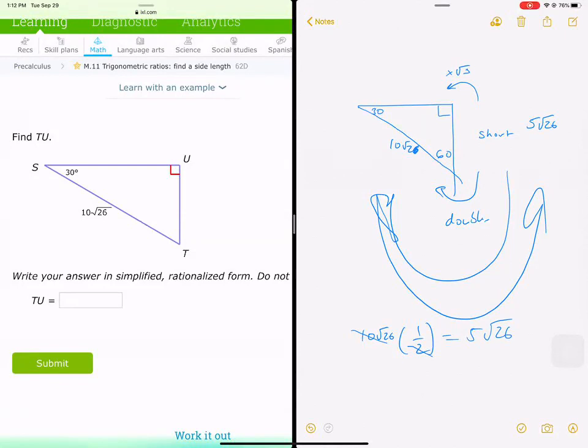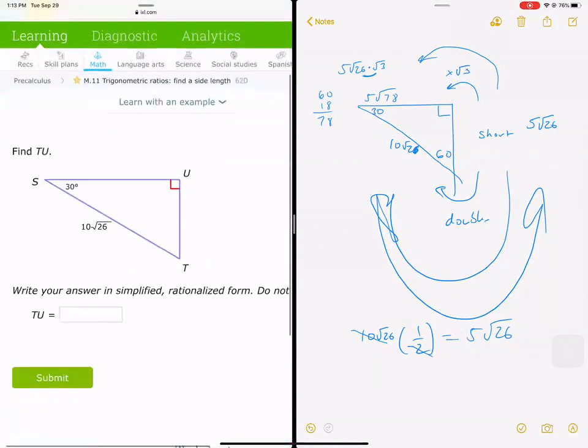And then the third side, just to say it, is we multiply this by square root of 3. So it's 5 square root of 26 times square root of 3. So you could multiply these together. So 26 times 3, 20 times 3 is 60, and 6 times 3 is 18. That's going to be 78. 5 square root of 78. Just to write that.